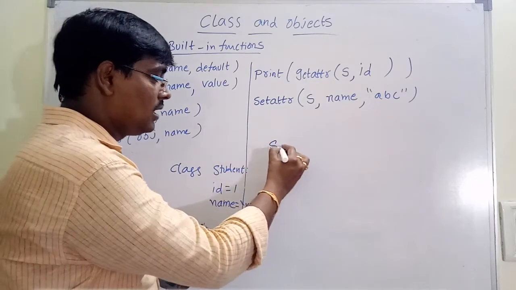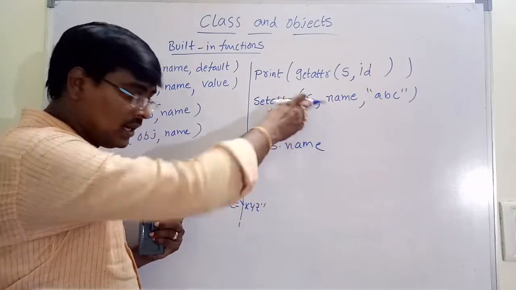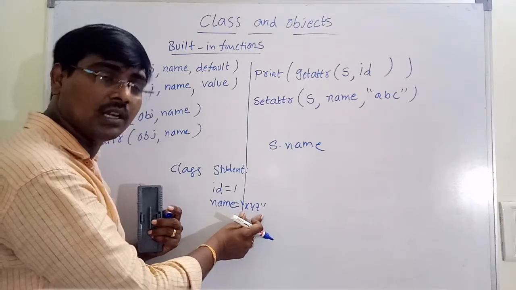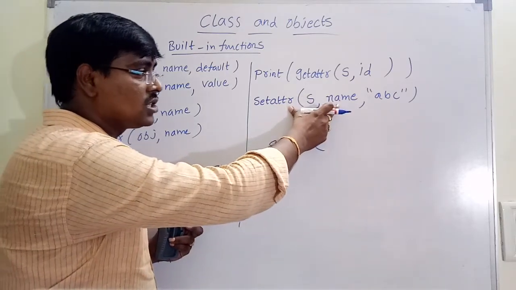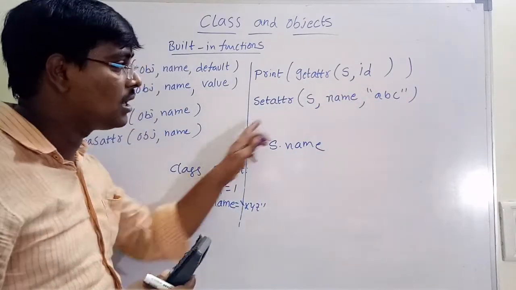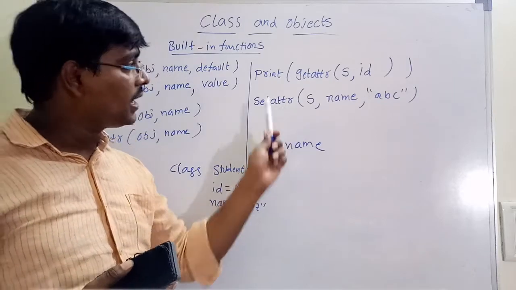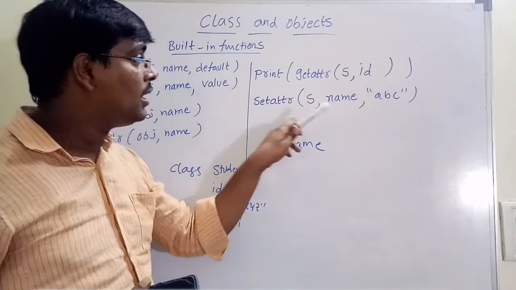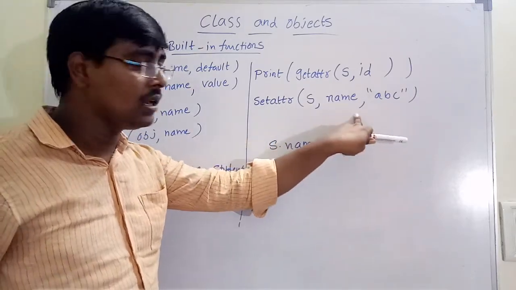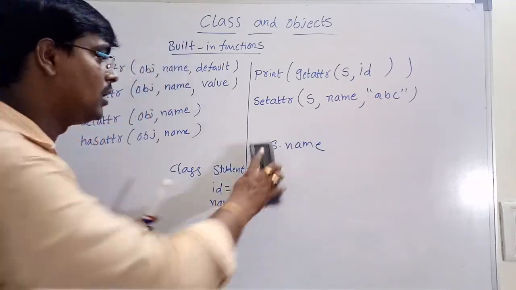If you do not execute this statement, s dot name is xyz. If you execute it, s dot name is abc. Afterwards, if you call getattr of s comma name, it prints abc. That is, I am changing the attribute value.